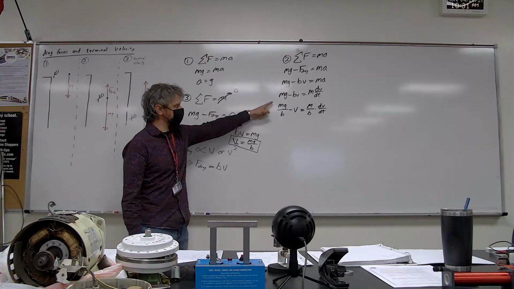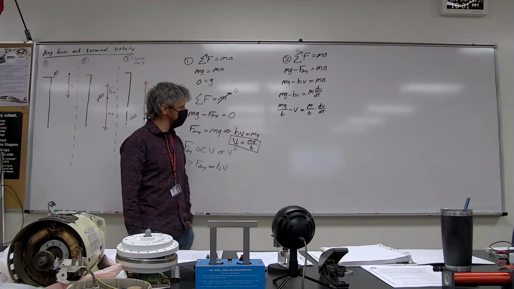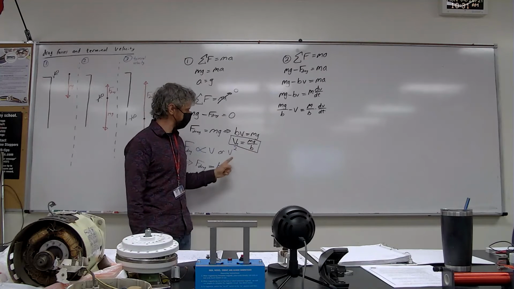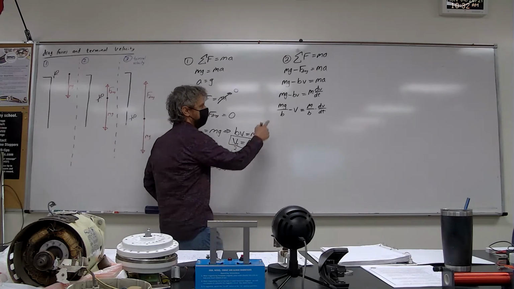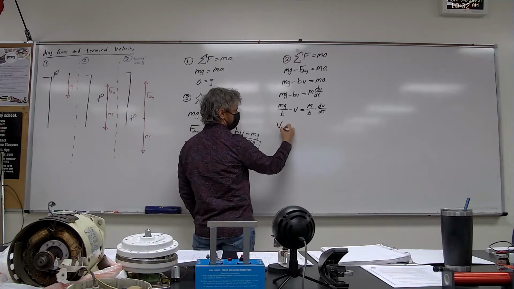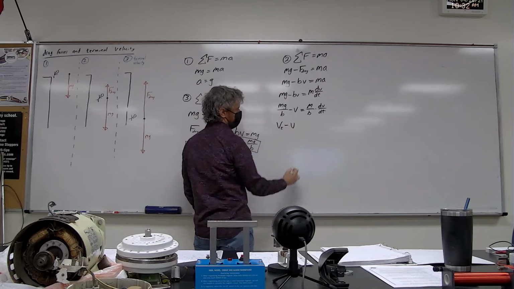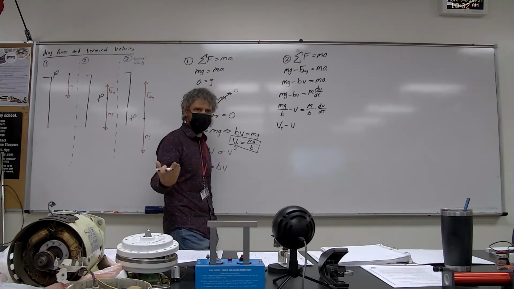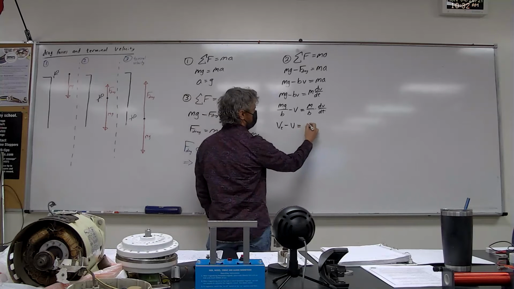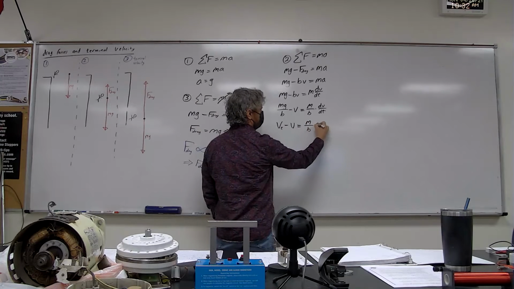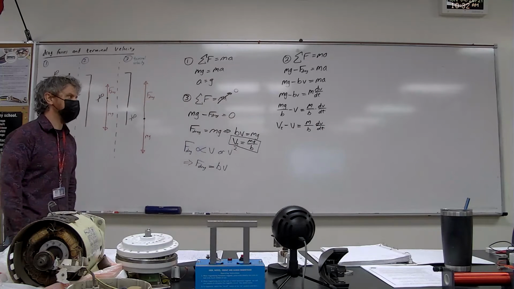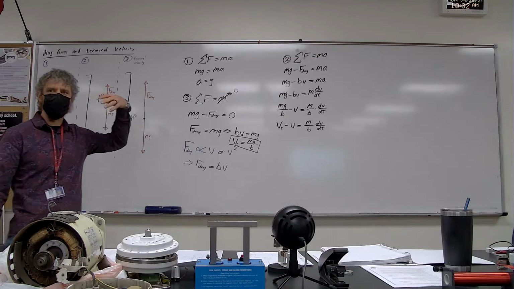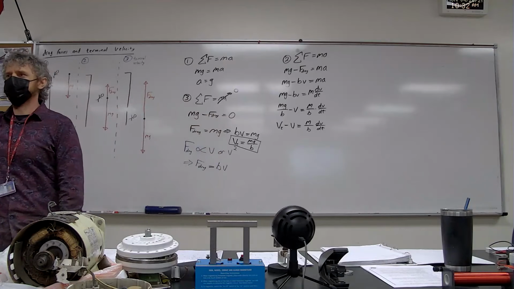What's mg over b? Oh, that's terminal velocity. So I can replace mg over b, which is v_t for terminal velocity, minus the speed, v, as a function of time, equals m over b dv/dt. And remember, when we solve by separation of variables, we want all the v's and dv's on one side, and we want all the t's and dt's on the other side.